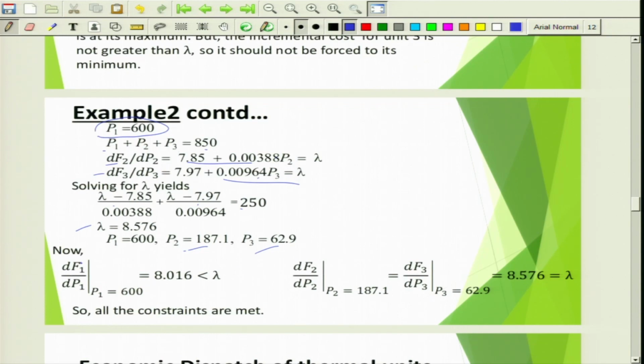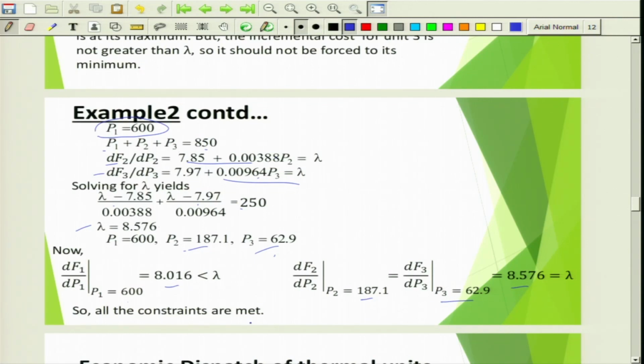So dF1 by dP1 at P1 equal to 600 comes out to be 8.016, which is less than lambda, which is 8.576, and dF2 by dP2 at P2 equal to 187.1 should be equal to dF3 by dP3 at P3 equal to 62.9, and that is 8.576, which is lambda.